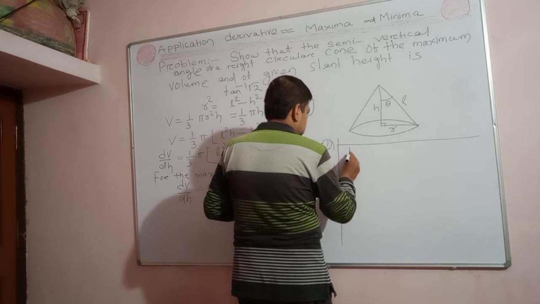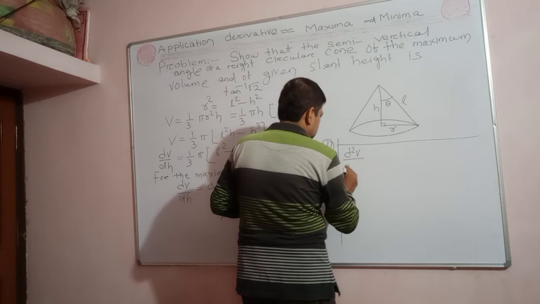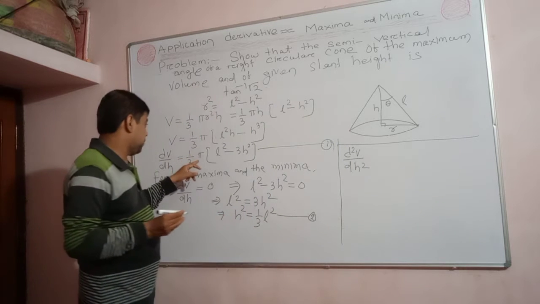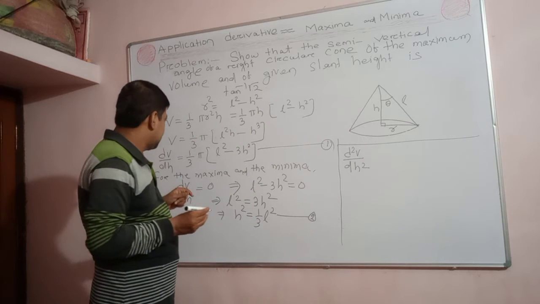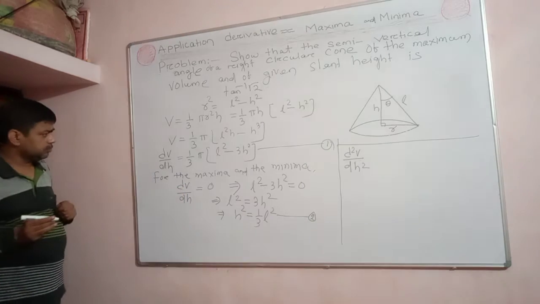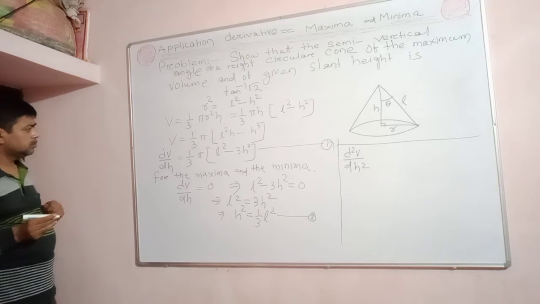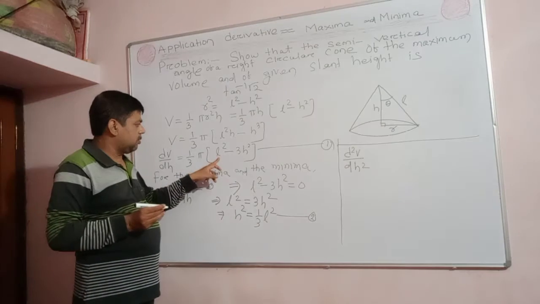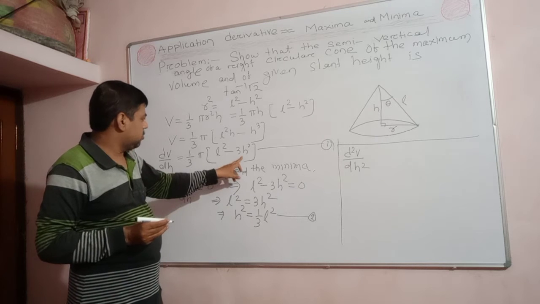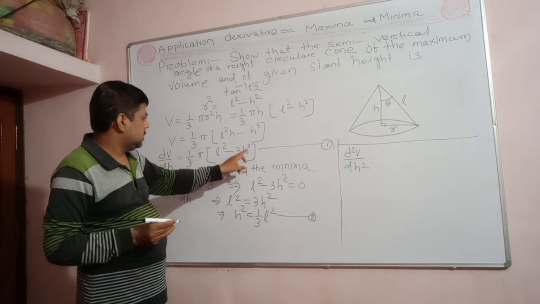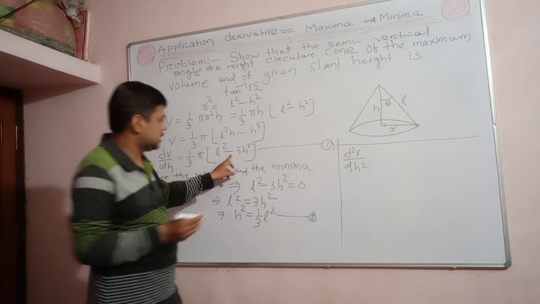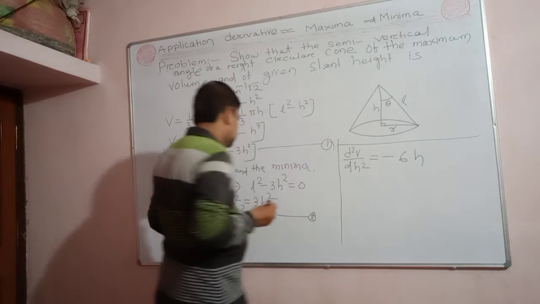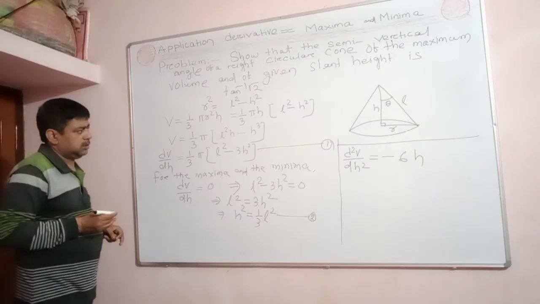You see now d square V by dH square is equal to 1 by 3 pi into, the derivative of L square will be 0 since it is a constant, and minus the derivative of 3H square is minus 6H. So it is minus 6H.